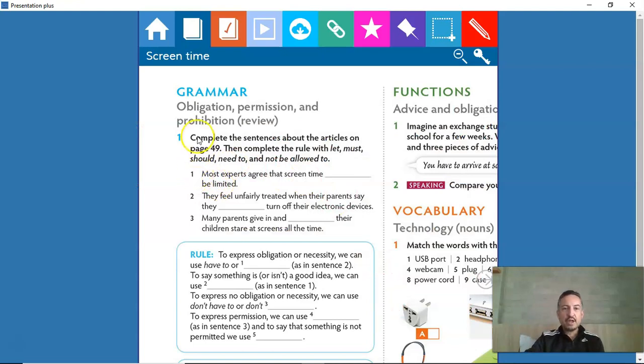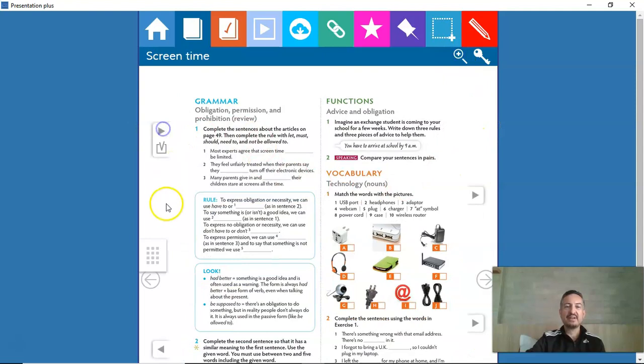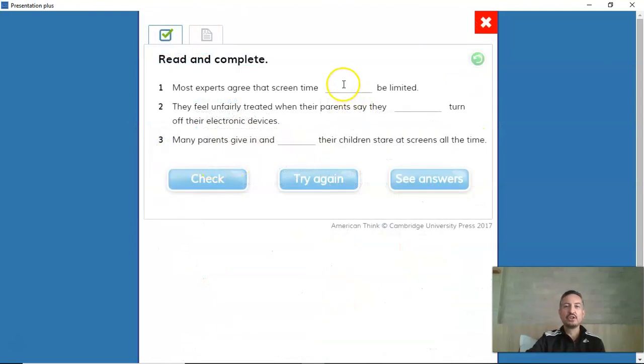So here in the book, you have this. Complete the sentences. Most experts agree that screen time should be limited. In this case, you have to use should.